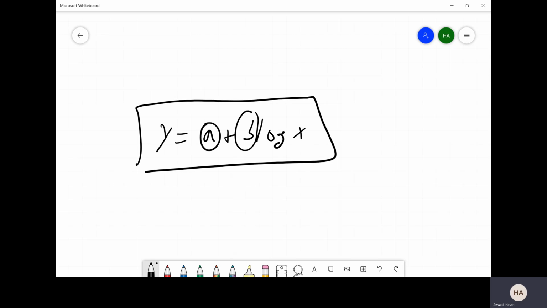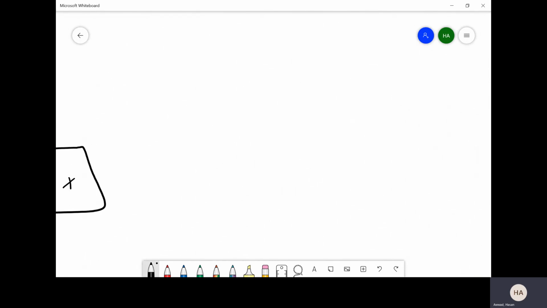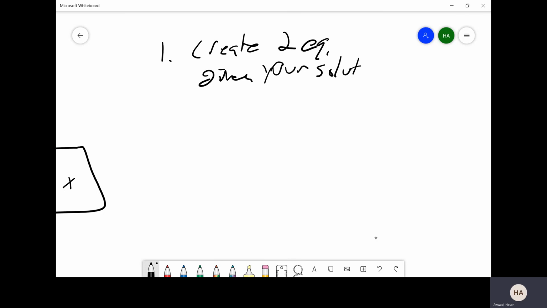So here's your 5-step process for solving something in this form. Your first step, you're going to create 2 different equations using the solutions that you're given, okay? So create 2 equations given your solutions, okay?